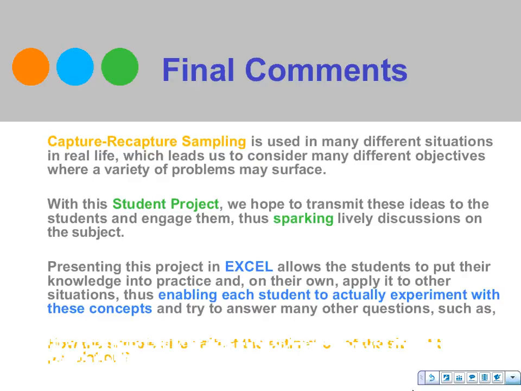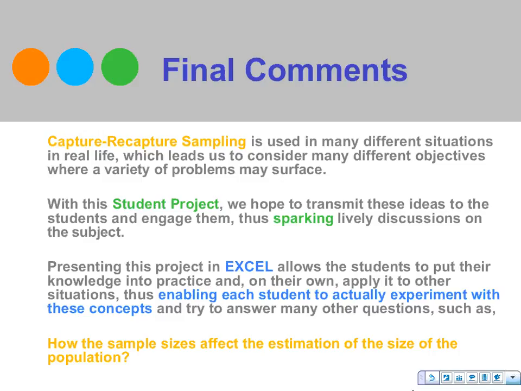There are many other interesting issues to see here, and many other questions that can be answered. For example, you can create different groups with your students and make them experiment with different population sizes. Instead of 150 individuals, you can try 1,000 or just a small population like 50.